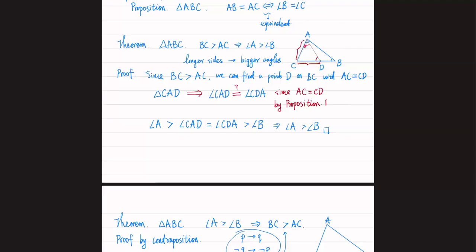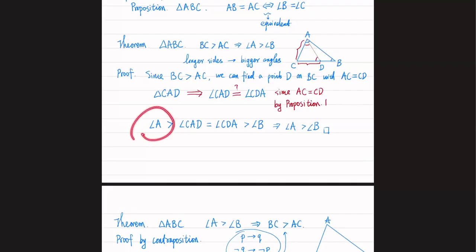Then the two angles are the same. However, angle A is bigger than this because it's part of it. And angle B is smaller than this one because it's the exterior angle of the triangle ABD.